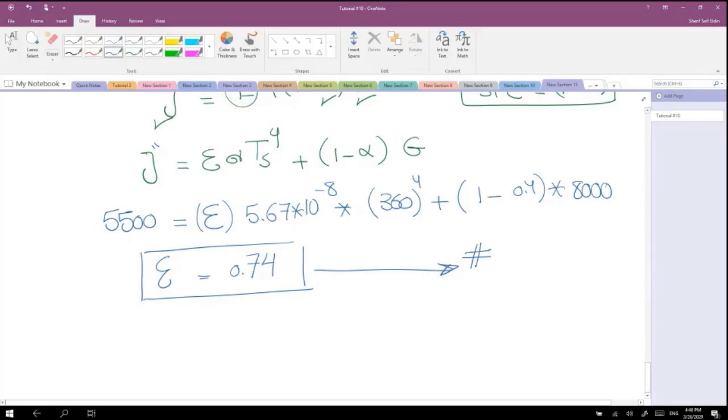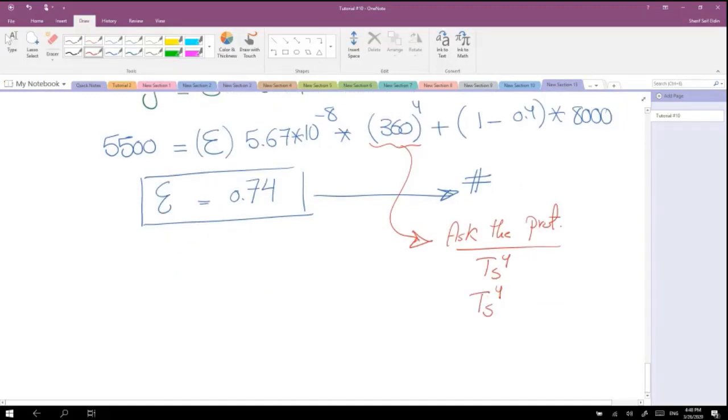I just want you guys to ask the prof about something because it seems not clear to me. These temperatures: the solution manual is giving two things. Sometimes it does it this way, Ts to the power 4, and sometimes it does it this way, Ts to the power 4 minus T surrounding to the power 4.